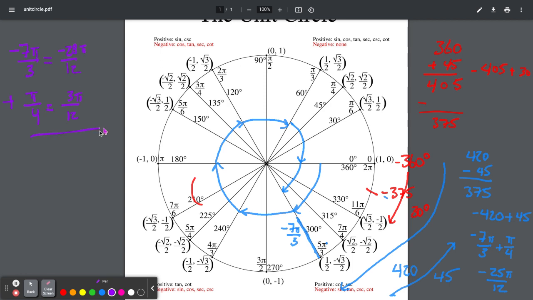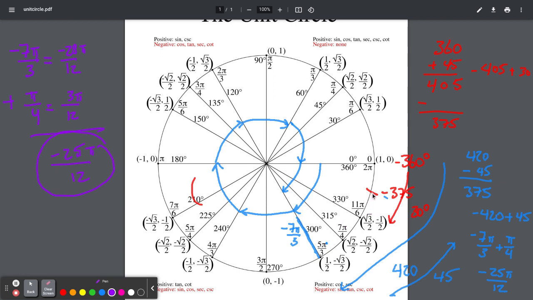When we combine those, we get negative 25 pi over 12, which is what I was telling you we would get. Sorry about that, I'm in a little bit of a hurry. It's a little bit late, trying to get this done, I'm a little behind. So lots of different ways you could do this.